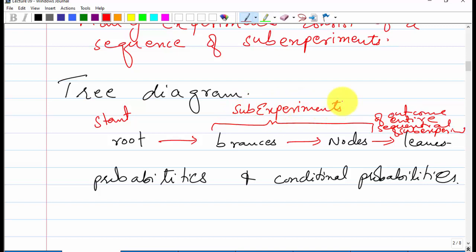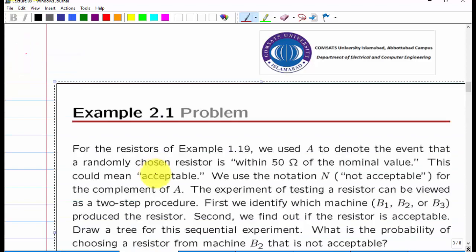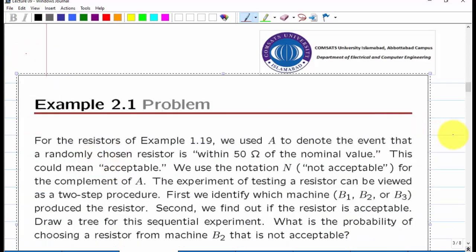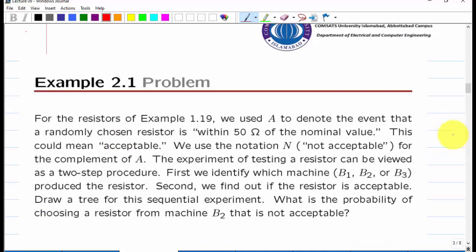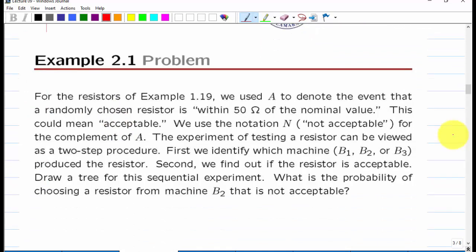So let's look at the example. I will copy it from the book and paste it on the next page here. It's the continuation of example 1.19 that we did in the previous chapter. We used A to denote the event that a randomly chosen resistor is within 50 ohm of the nominal value.